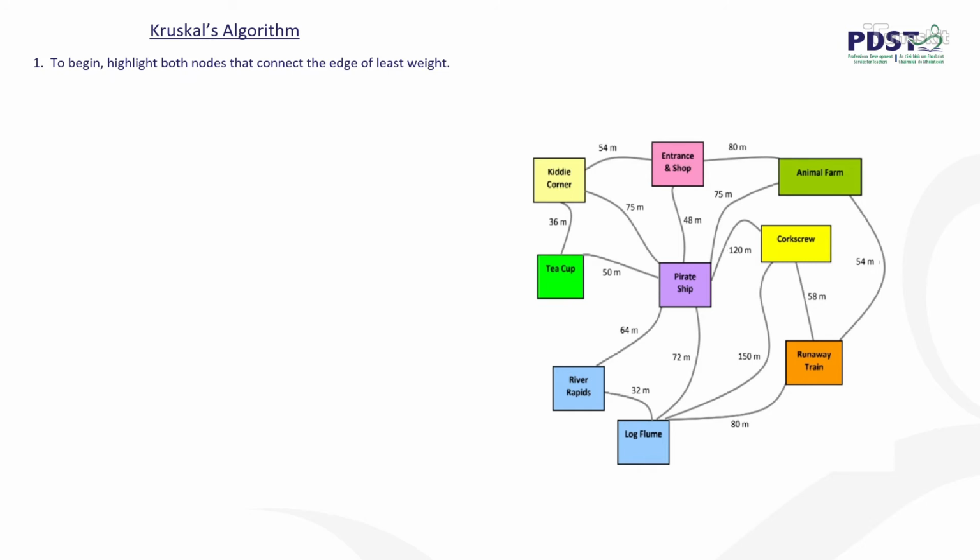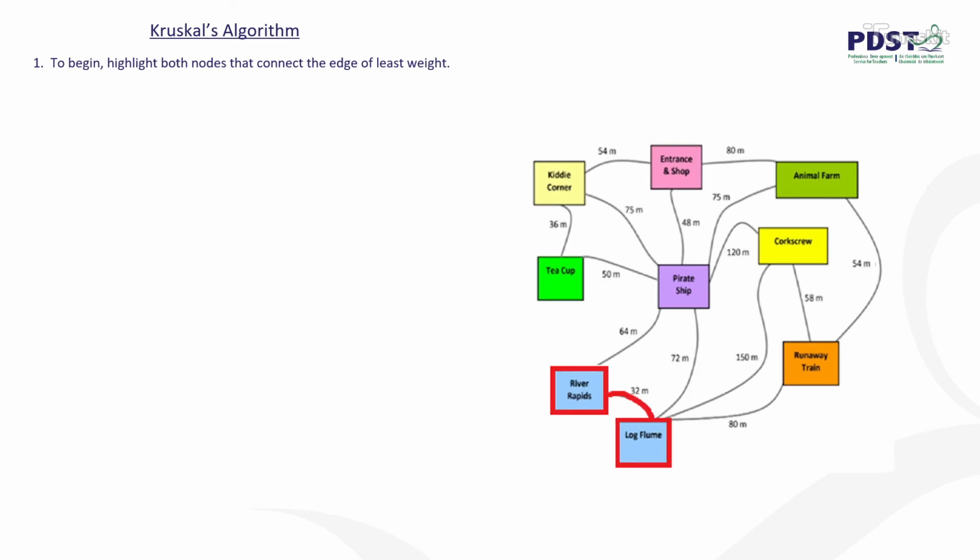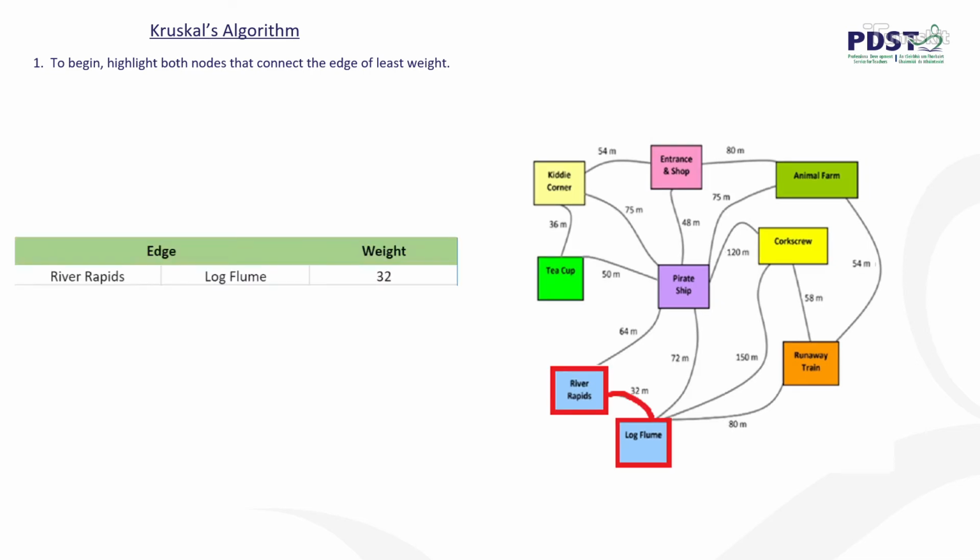The first step in this algorithm is to identify the edge of least weight in the network. We highlight both nodes that connect this edge. In this case, it's the 32-meter edge joining nodes River Rapids and the Log Flume. We'll highlight them and add the edge to our minimum spanning tree.